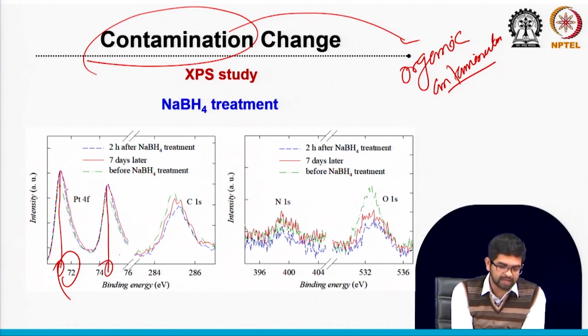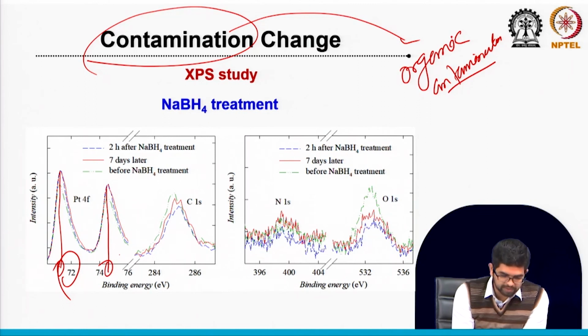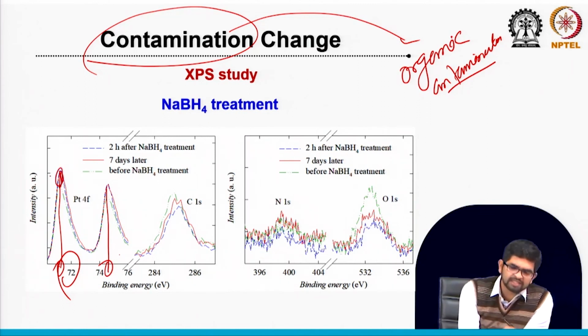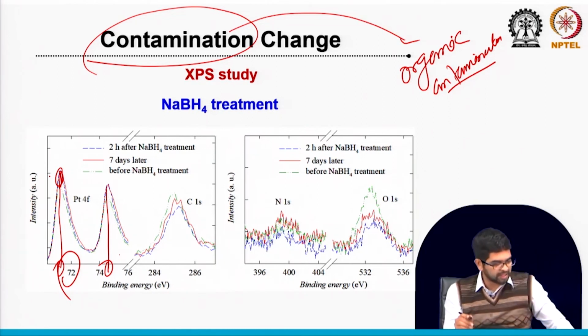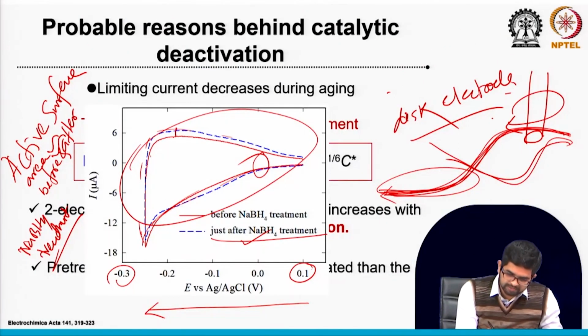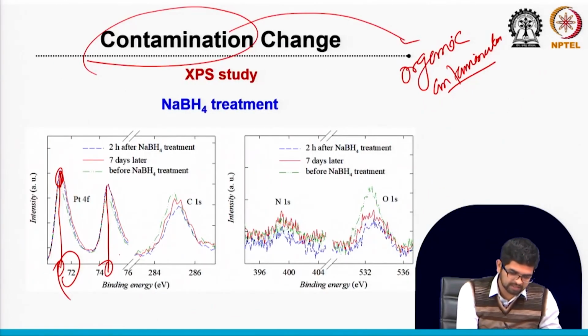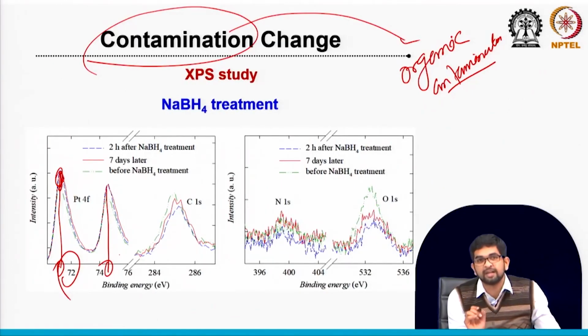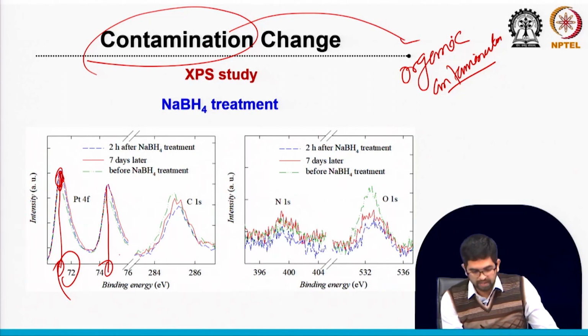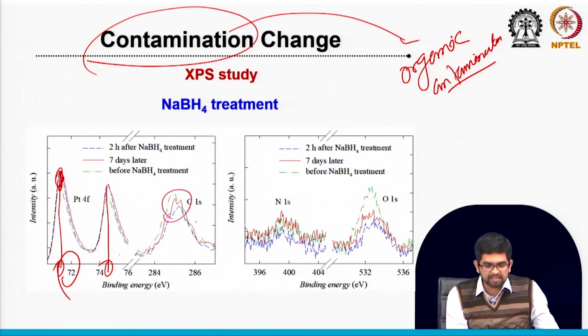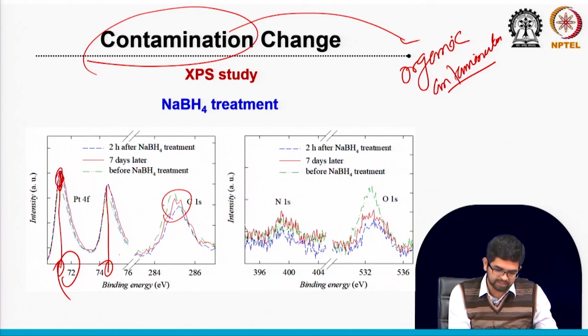Here you can see the platinum 4f peak, before and after, but here you can see the platinum peak still changes a little bit. From the electrochemical data there is also a very small change, and from the XPS data there is still a very small change after the aging. Carbon, we can say, is almost similar or a small change. You can see after 7 days it's a little bit, after treatment you can see this one.